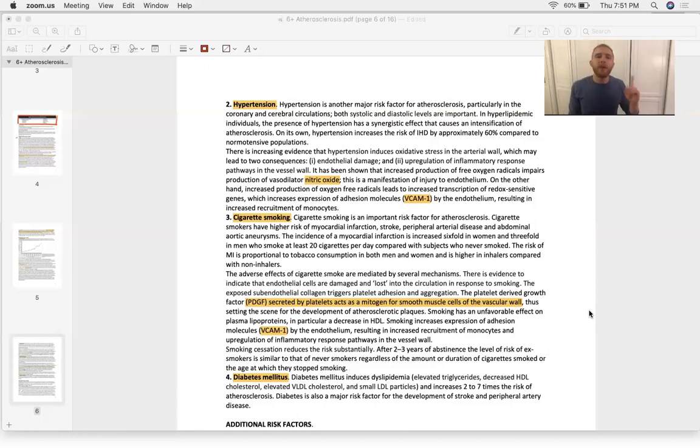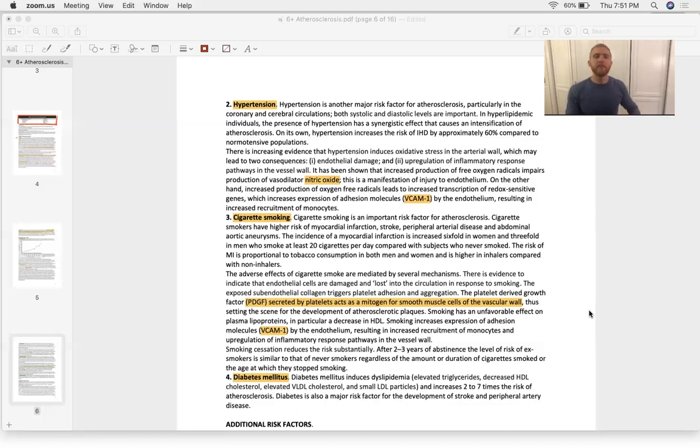And the way that you get macrophages into the intimal space is through the expression of VCAM on the surface of an endothelial cell. And VCAM is a beta-2 integrin that is going to mediate the attachment of a monocyte to the wall of a blood vessel and allow it to roll on across that wall and eventually go through the extravasation process and enter the tissue of the artery and then start to mop things up.